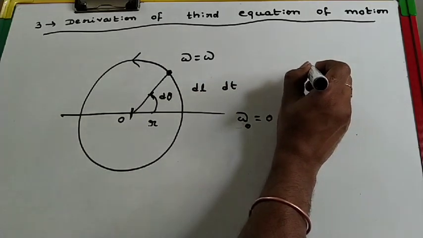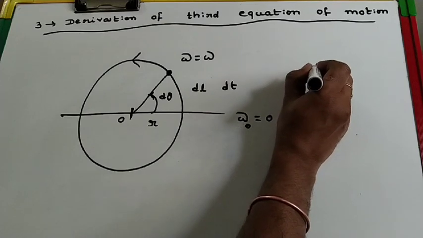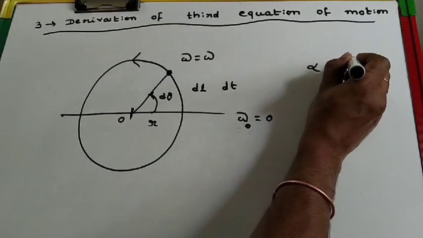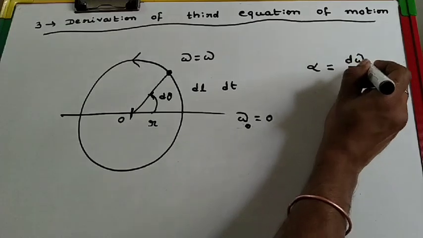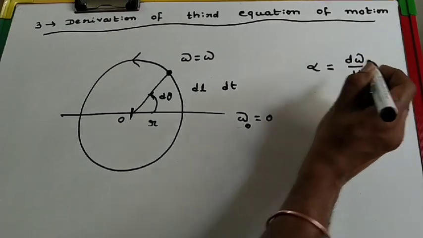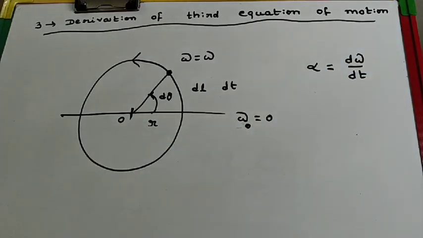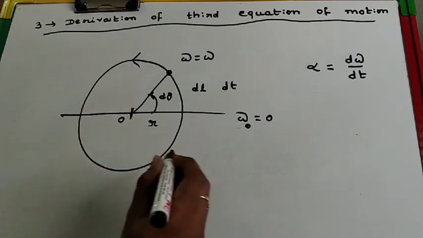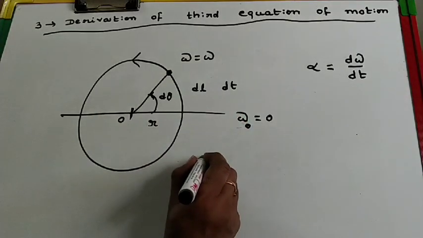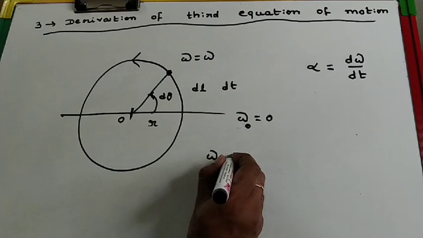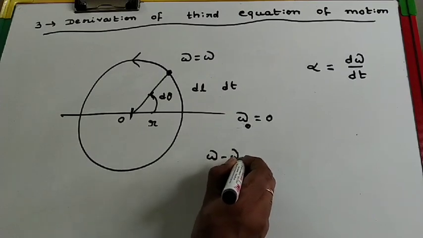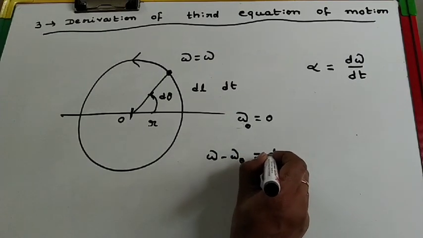Therefore, here the angular acceleration alpha is equal to d omega by dt. Here omega minus omega naught gives d omega.